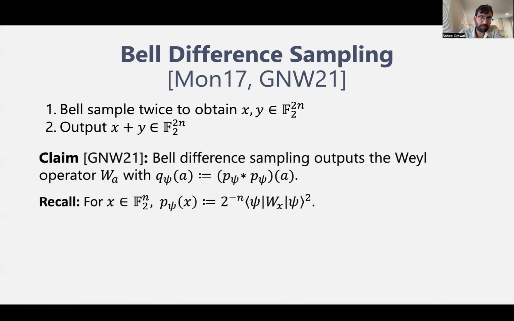And what Gross, Nezami, and Walter showed is that Bell difference sampling samples the Weil operator W_a according to this distribution Q psi, which is the convolution of P psi with itself. And again, here's the definition of P psi that we saw a couple slides ago.